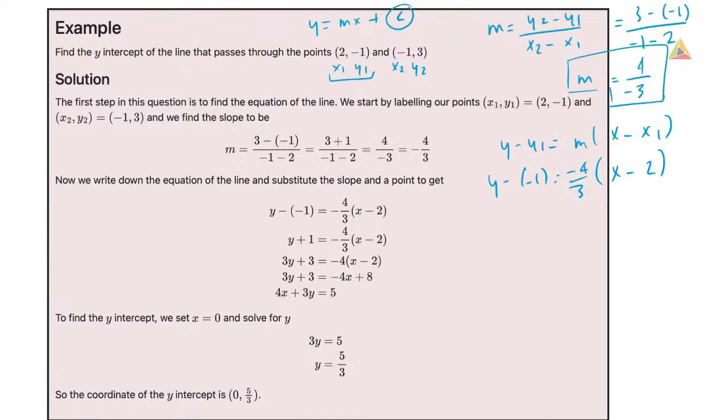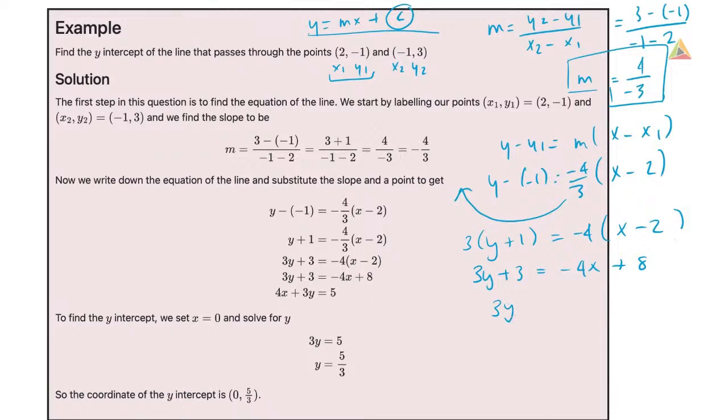So we're going to get rid of the fraction, so 3 comes over here, so it's 3 by y plus 1 is equal to minus 4 by x minus 2. So we're going to multiply it out, so that's 3y plus 3 is equal to minus 4x plus 8. Now actually the idea is we want to get it in the format y is equal to mx plus c, so remember this. So we'll get y on one side and everything else on the other.